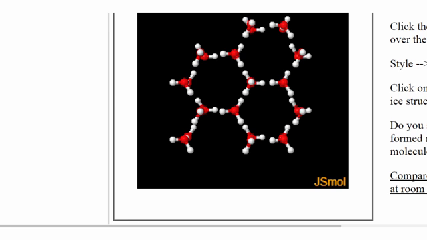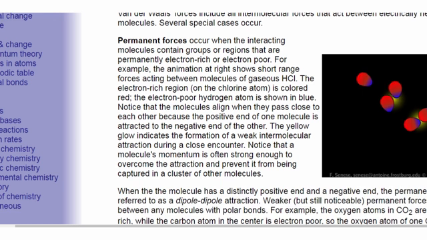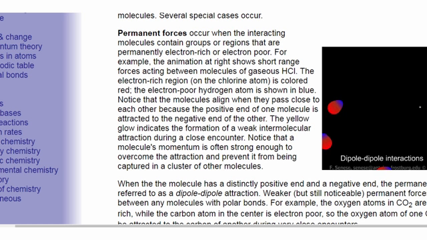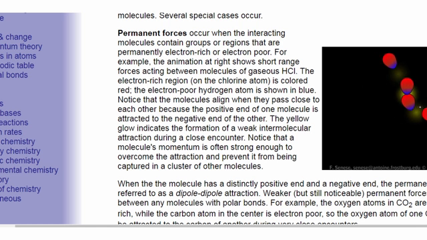Now, I do have an animation that shows this here and shows the difference. This first animation is one that's showing dipole-dipole forces, and as they come into the screen here, the blue portion represents the partially positive portion, the red here represents the partial negative portions, and the glowing yellow represents those dipole-dipole forces.